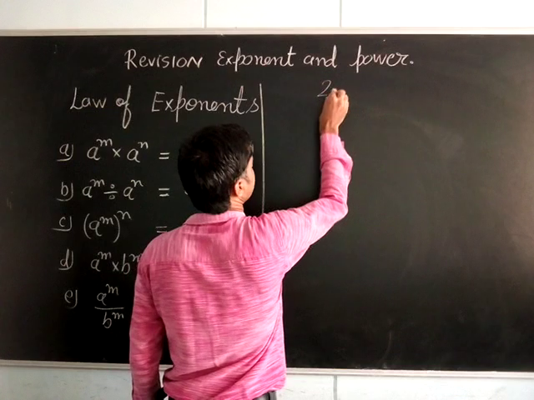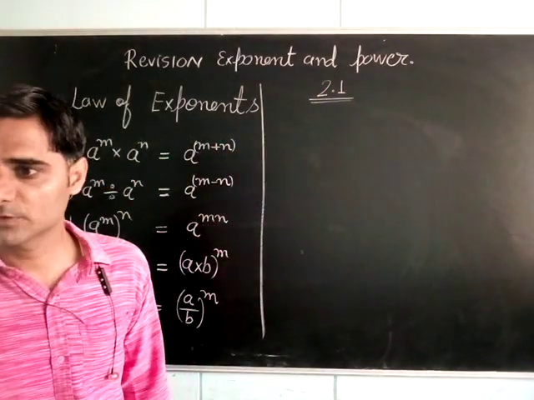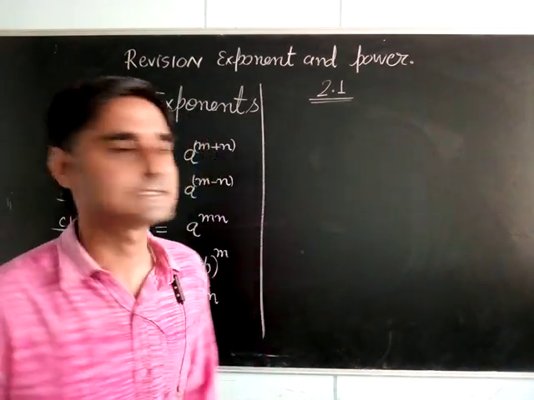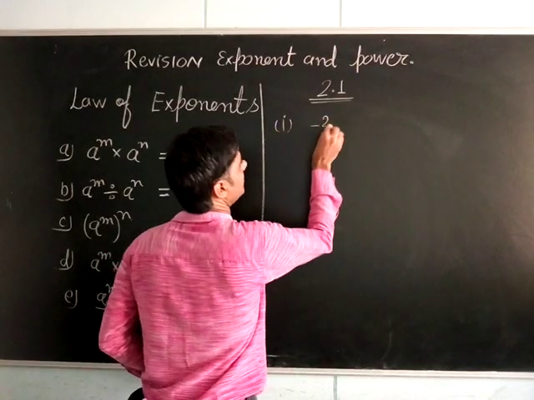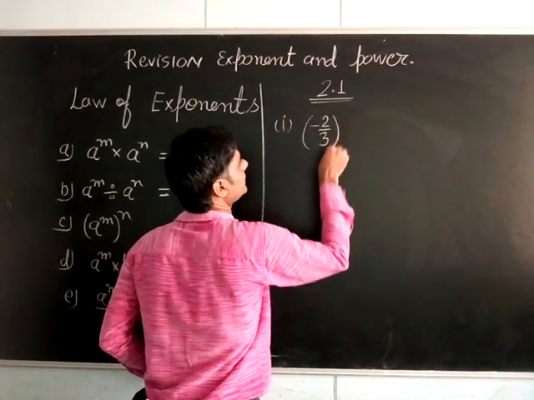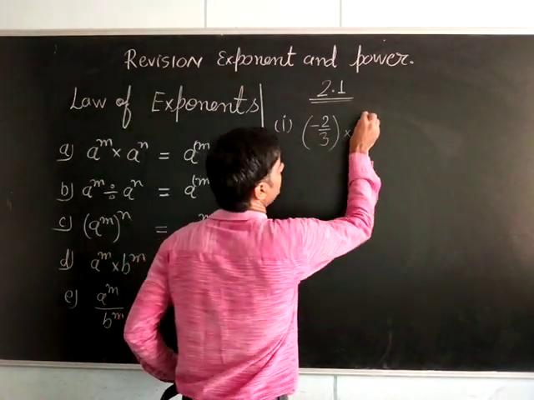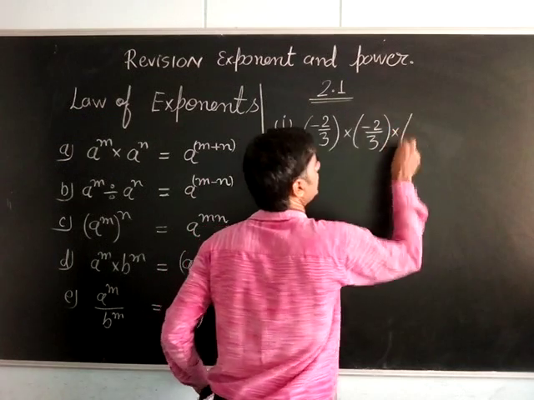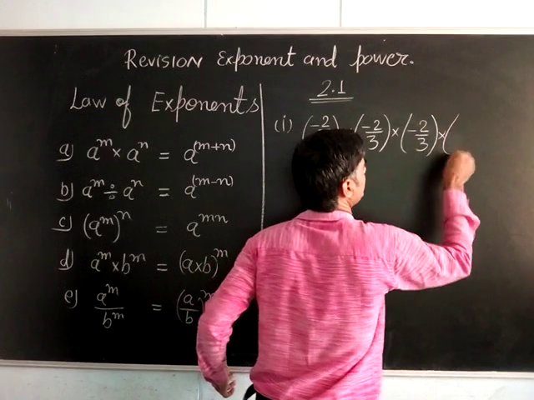Question of exercise 2.1 of your book. Okay, 2.1 first question is minus 2 upon 3 written 6 times. That is minus 2 upon 3, then multiply sign, multiply by minus 2 upon 3, then multiply by minus 2 upon 3, this is 6 times.